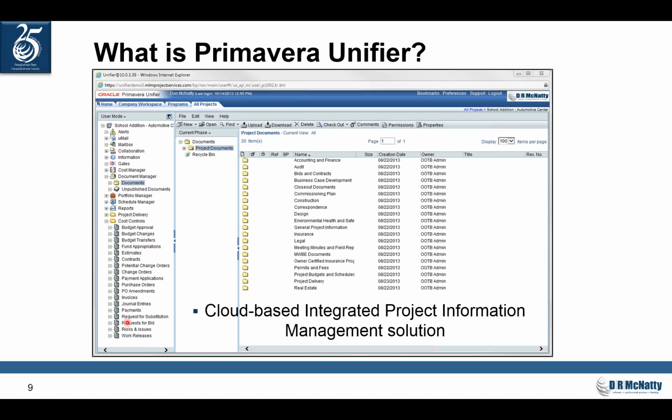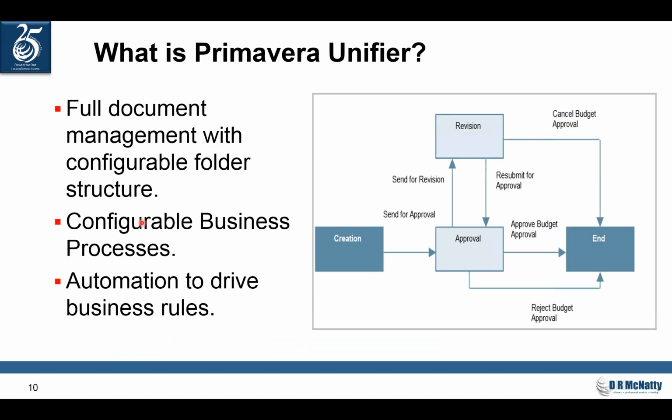These business processes are essentially user-defined. What we see here is what comes with the prepackaged modules that Primavera is providing now with Unifier, but you can modify these and change them as you need to do.